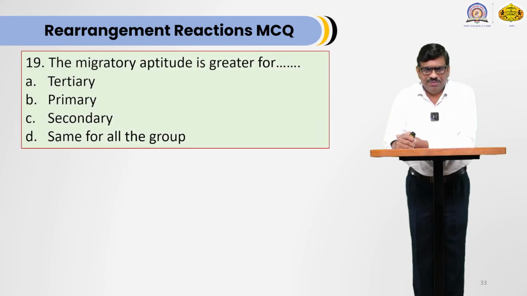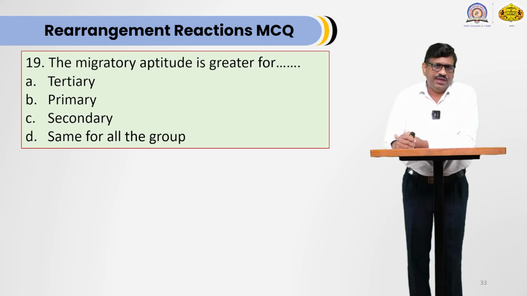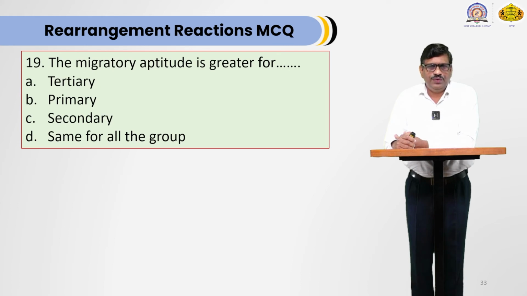Question number 19. The migratory aptitude is greater for tertiary, primary, secondary, or same for all the groups. In rearrangement reactions, migratory aptitude is very important when more than one group is available for migration.